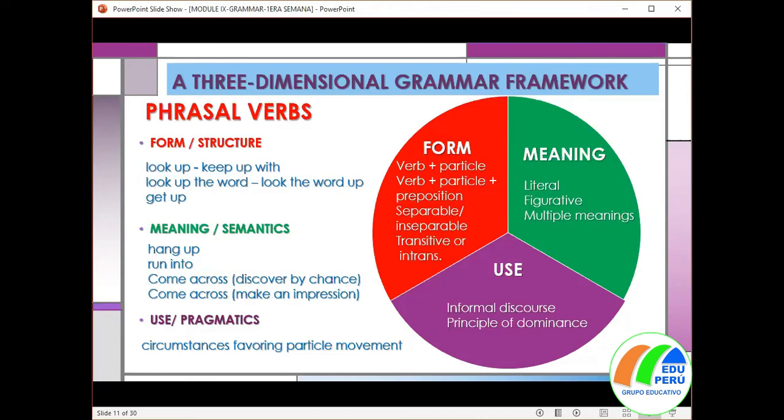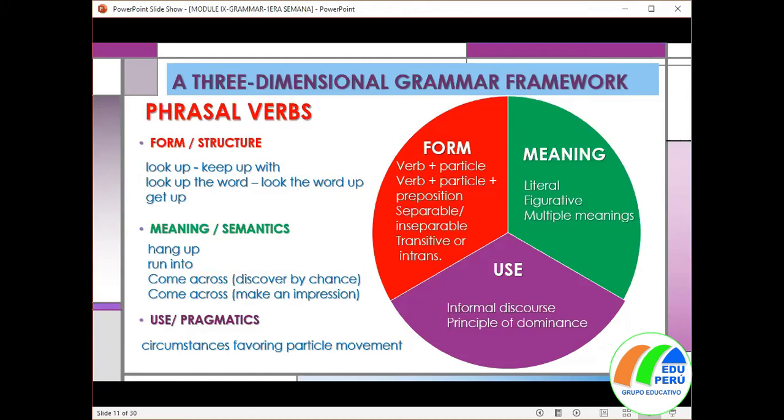For example, there are some rules that say that if the object is too long, you don't need to separate it. But if the object is short, you can separate it. And it is most preferable if you use a pronoun, because you can replace the word with it. So look it up. You can separate it better.